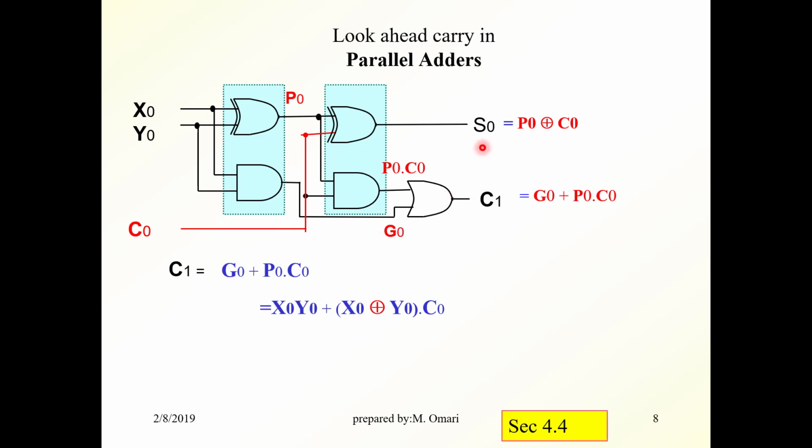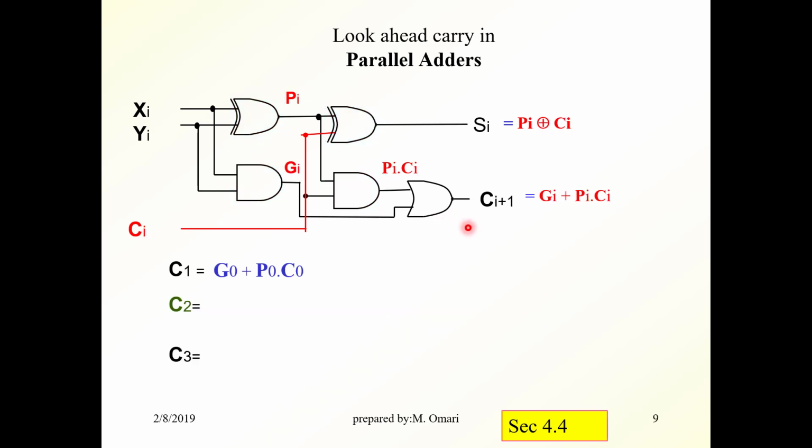So in this case, S0 is the exclusive OR between P0 and C0, and C1, the carry, is equal to G0 ORed with P0 C0. That is what C1 is. G0 is equal to X0 Y0. And P0 is the exclusive OR of X0 and Y0, and this is C0. From the very beginning, these values are given and known.